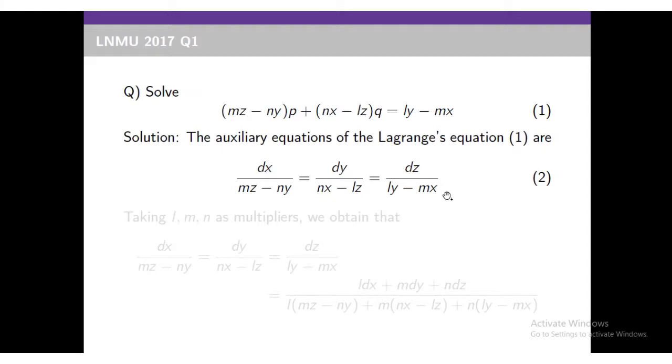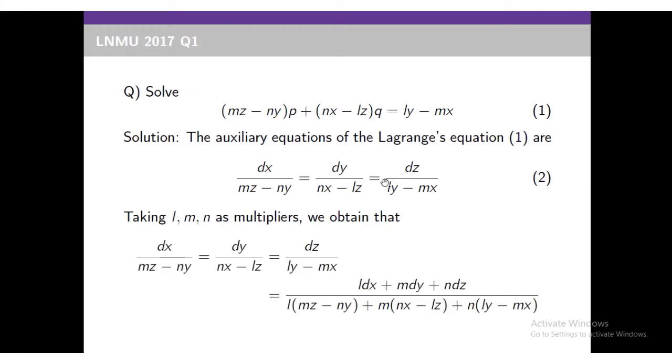Now if you take the multipliers L, M and N, then we obtain that these three fractions are equal to this one. How do you get this fraction? You get it by multiplying: L dx plus M dy plus N dz divided by L into mz minus ny plus M into nx minus lz plus N into ly minus mx.